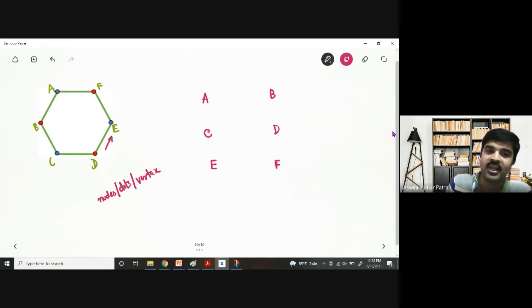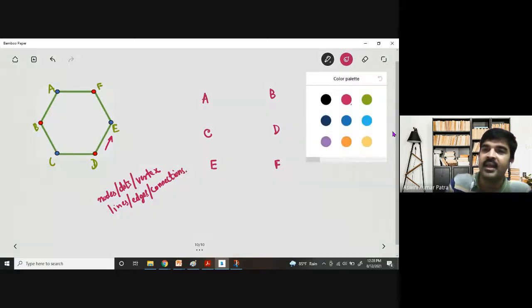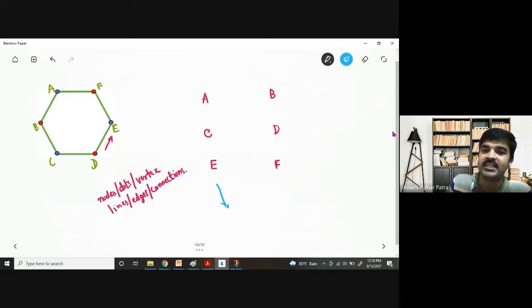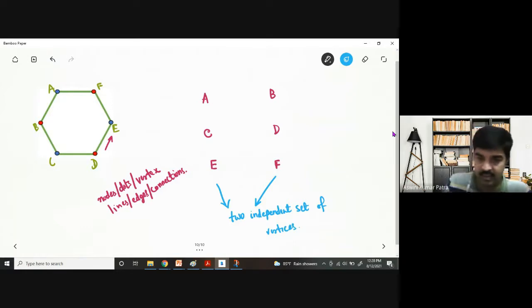And the lines could be called lines or edges or connections. And I call them two independent sets.